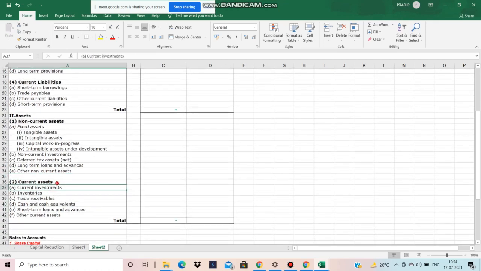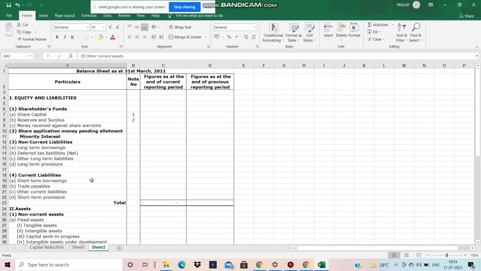And in current assets, there are current investments, inventories, trade receivables, cash and bank balances, short-term loans and advances, and other current assets. These are the main heads, and you have to put the figures under these heads. So this is the format for the balance sheet.